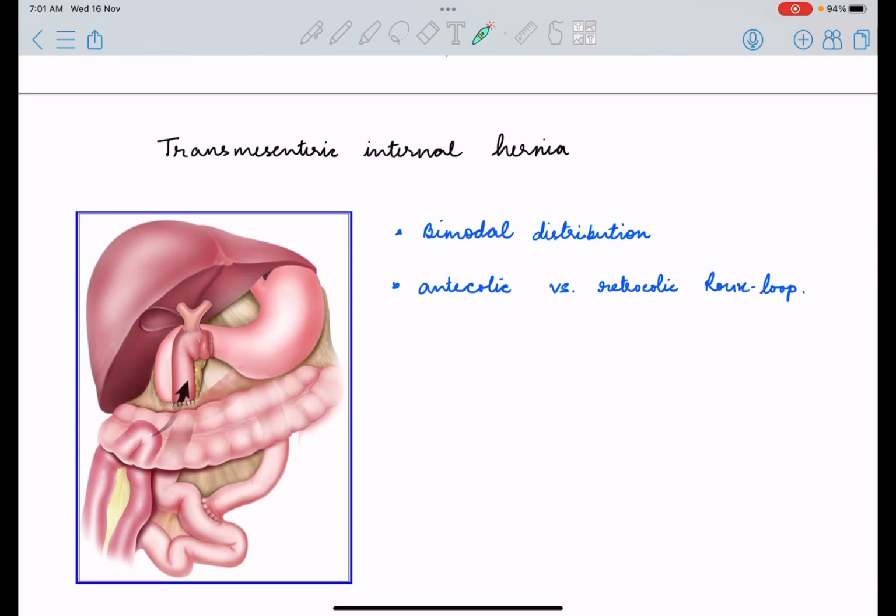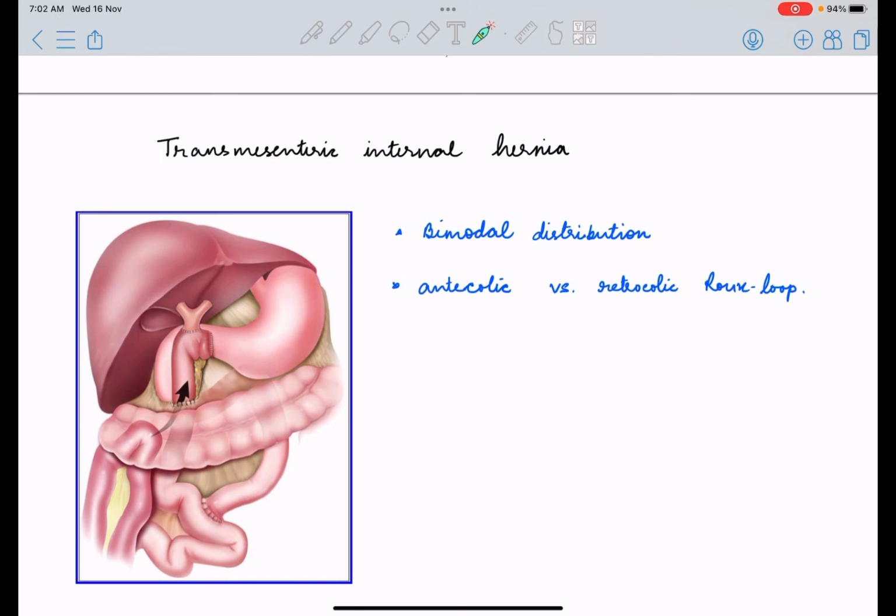That is, there is a peak in the pediatric age group and also a peak in the adult age group. In the pediatric age group, transmesenteric internal hernia is the most common internal hernia. And in the adult age group, it is common because a lot of bariatric surgery is happening in adults nowadays.